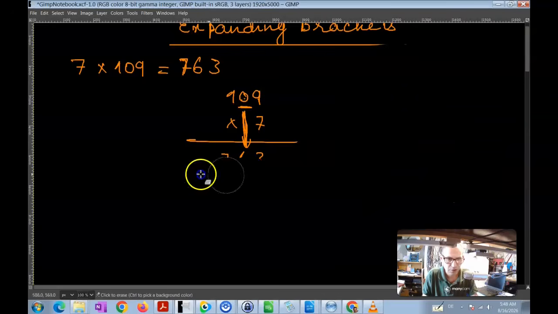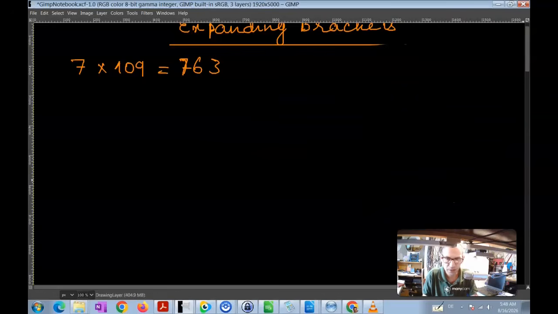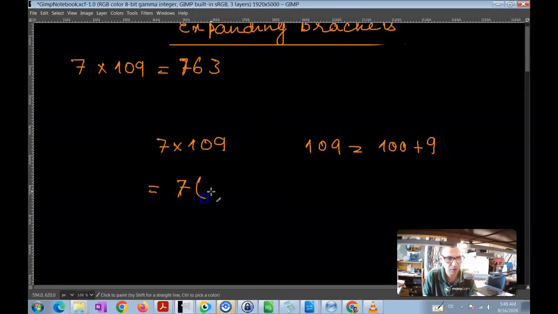Now this calculation, you can do it in your head much more easily. You could say that we have 7 times 109, and 109 is nothing but 100 plus 9, right? So when I say 7 times 109, I could write it as 7 times 100 plus 9.